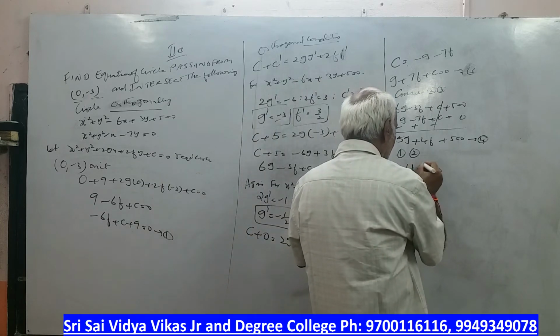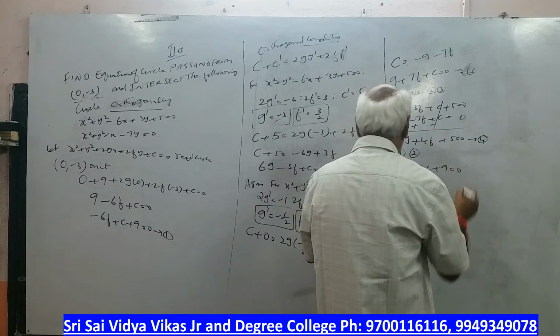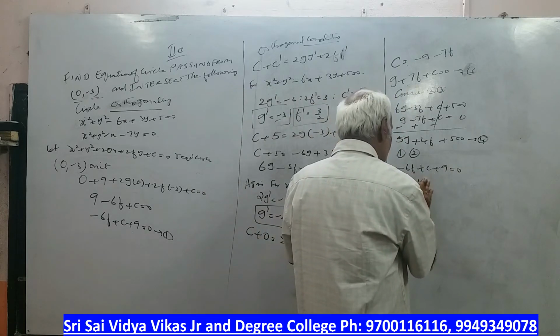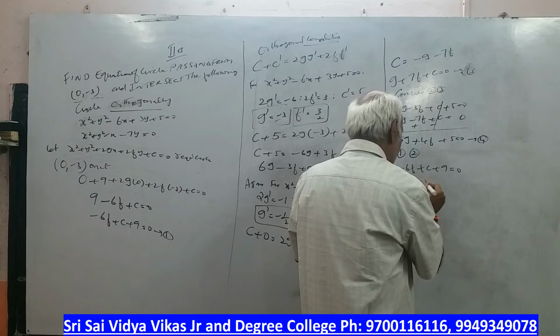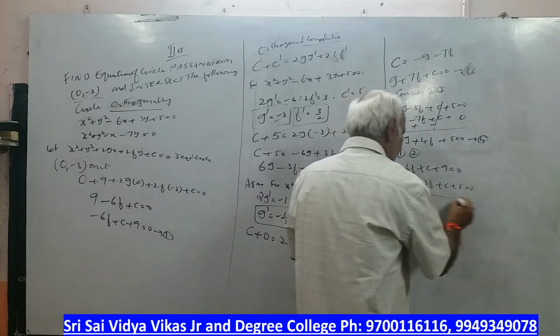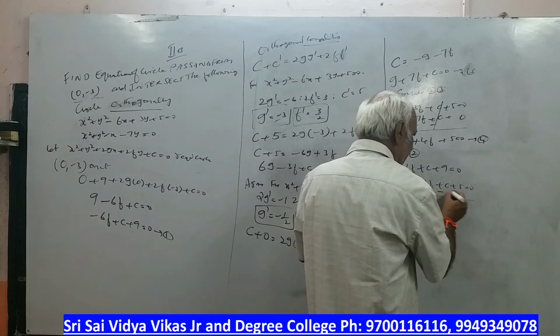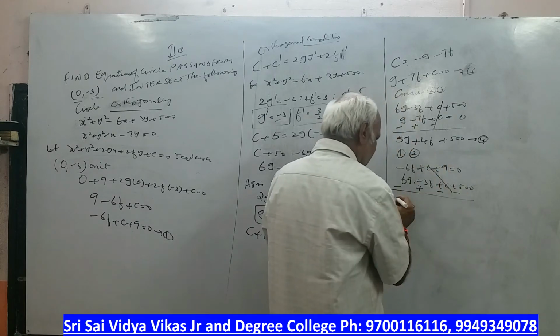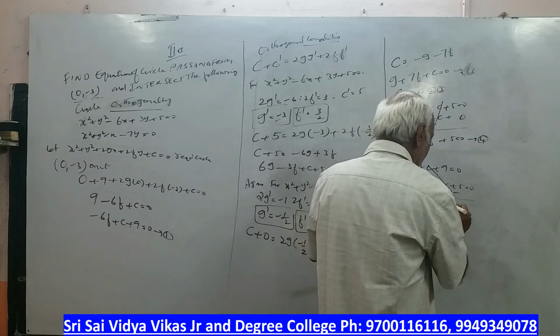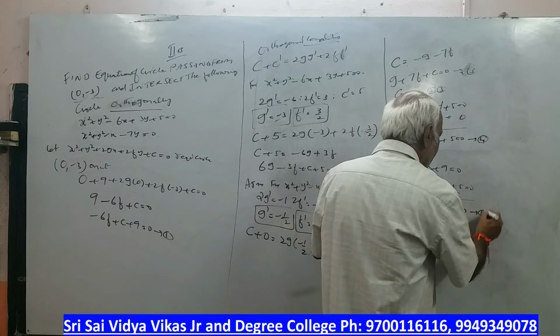Minus 6f plus c plus 9 is equal to 0. What is the second equation? 6g minus 3f plus c plus 5 is equal to 0. Again subtract, minus plus minus. C will get cancelled. Minus 12g plus 3f plus 4 is equal to 0. This is the fifth equation.